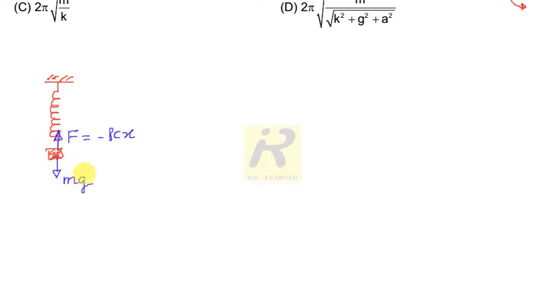These two are equal, so F is equal to W. So there is no oscillation.